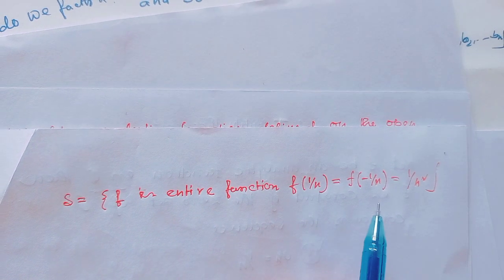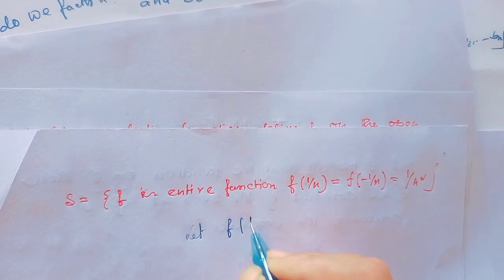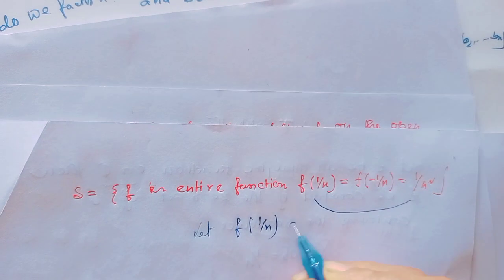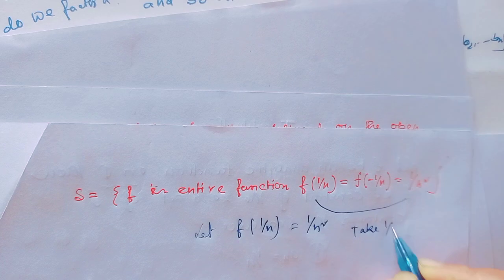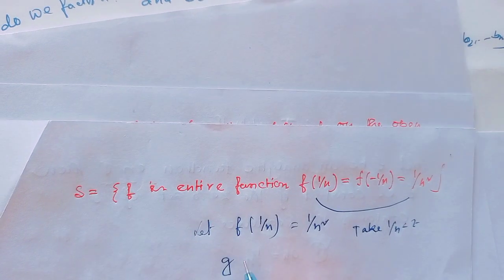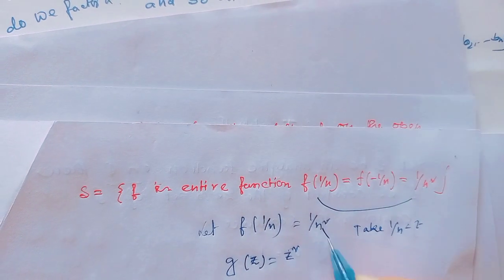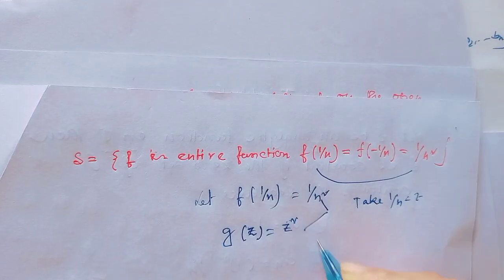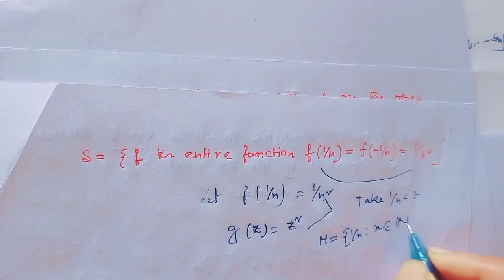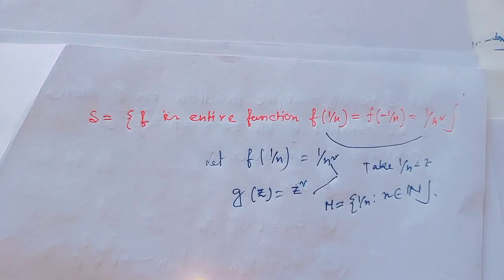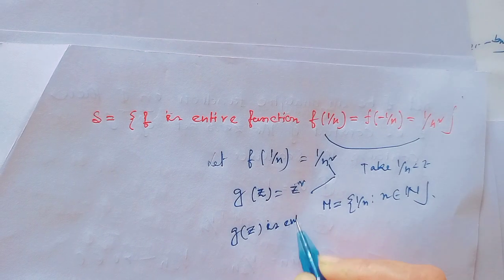Now the function: f is an entire function such that f of 1 over n equals f of minus 1 over n equals 1 over n square. Let f of 1 over n equal 1 over n square. Take 1 over n equal to z. Then consider a new function g(z) equal to z square. Notice these two functions coincide on the set M equal to 1 over n such that n belongs to natural numbers.